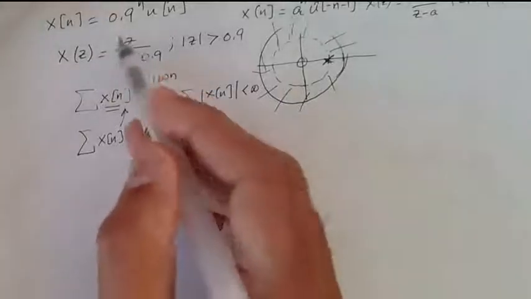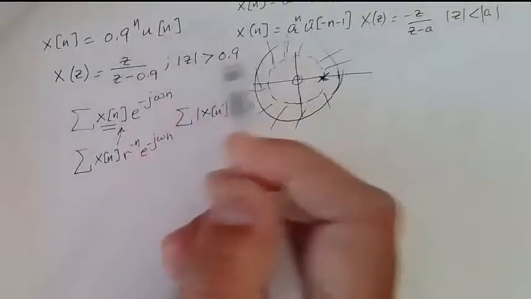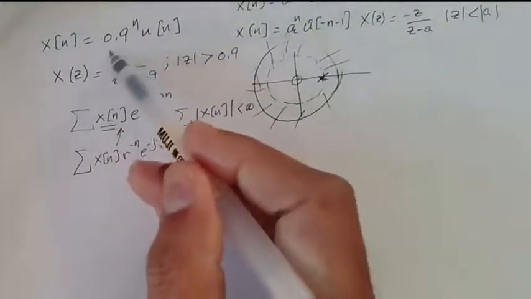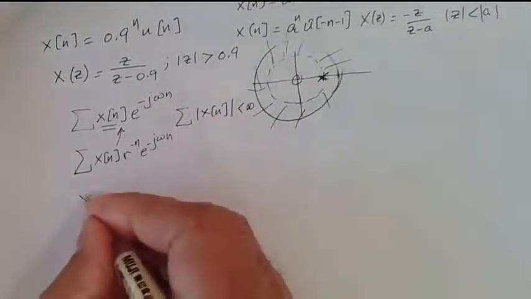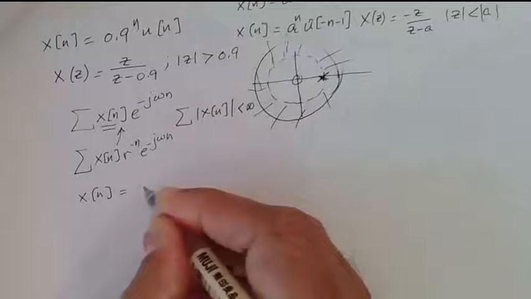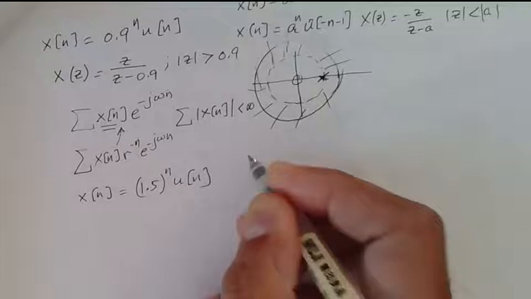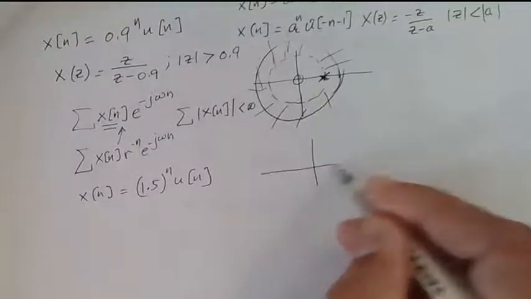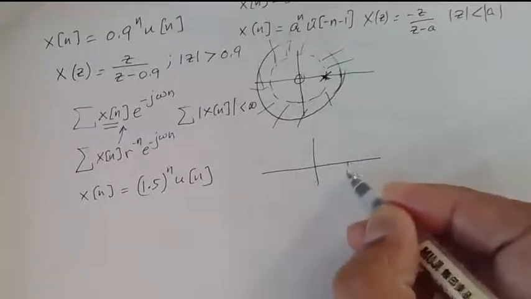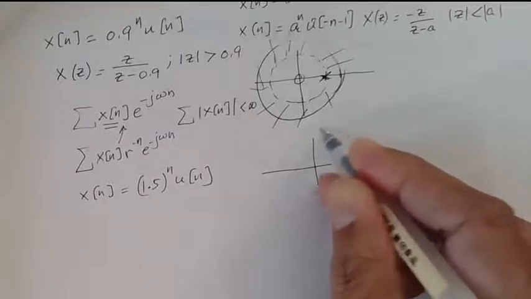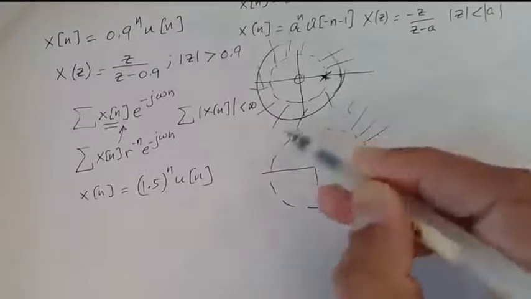So I can take different values besides 0.9 for this. Let's say x of n was equal to 1.5 to the power n u of n. Clearly this thing diverges and goes off to infinity, so I won't have a Fourier transform for it. Now notice that if this is 1 and this is 1.5, my region of convergence is outside of this circle of radius 1.5.